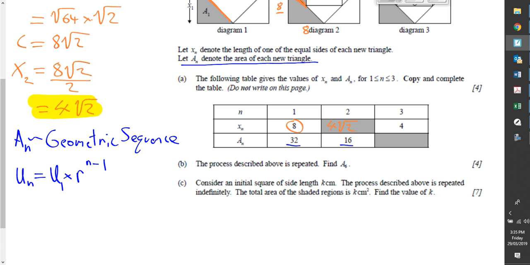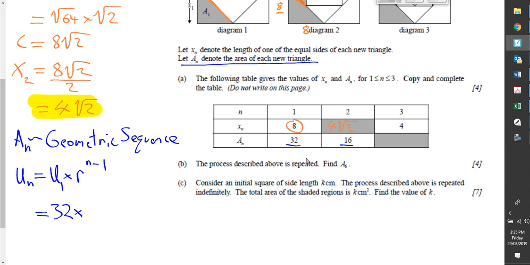So in this case here, we can figure out the general rule for this geometric sequence by just substituting the information that we have in here. And we know that our first term is 32, 32 multiplied by our ratio.